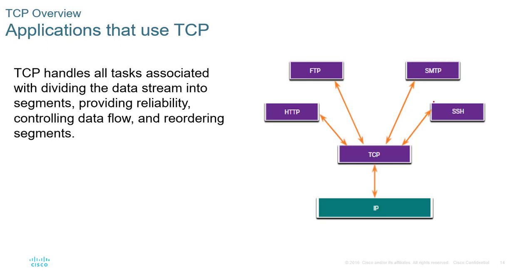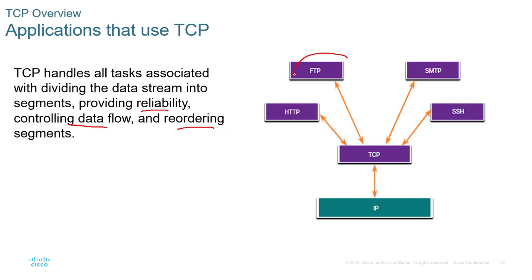As we mentioned before, TCP handles all tasks associated with dividing the data stream into segments, providing reliability, controlling data flow, and reordering these segments.